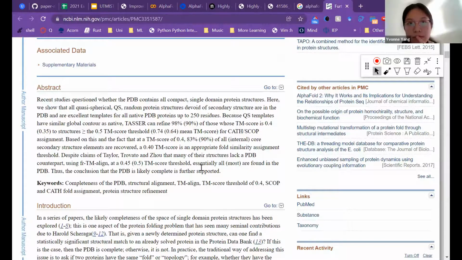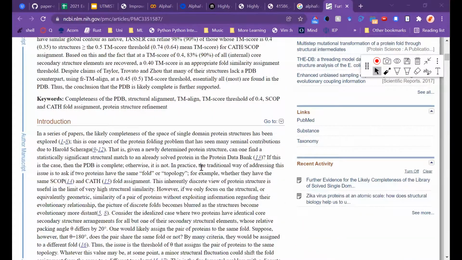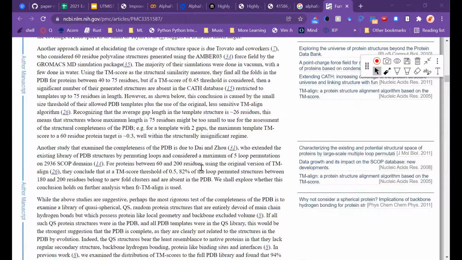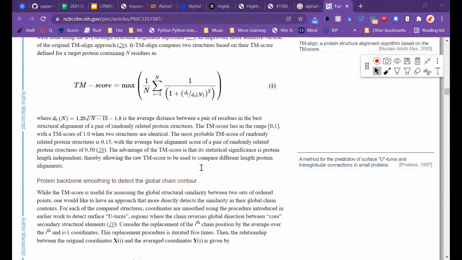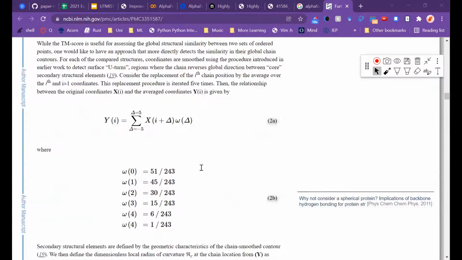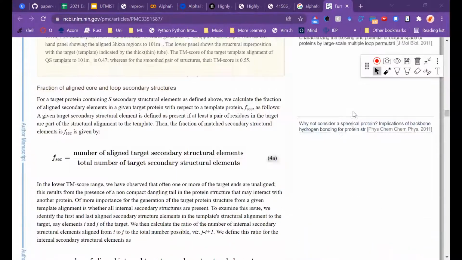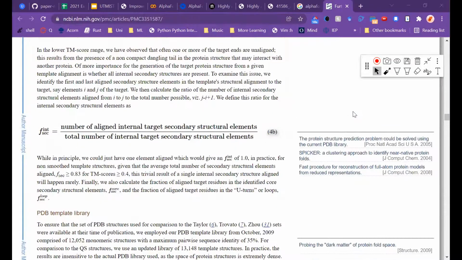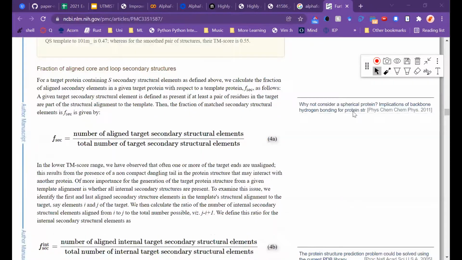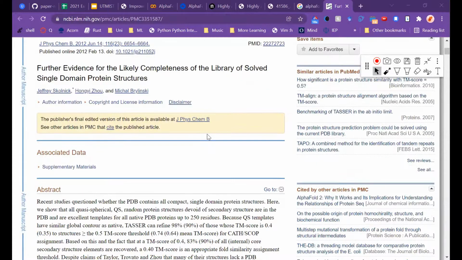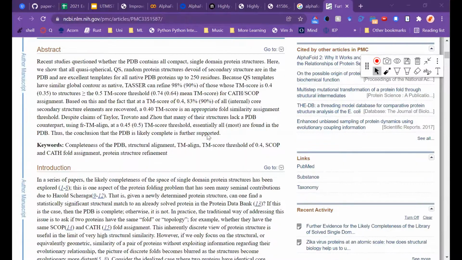So I think there are a lot of terminologies here, but this is saying that a lot of the configurations for a single domain protein have already been recorded in a protein database. So maybe a subset of this problem isn't that complicated.